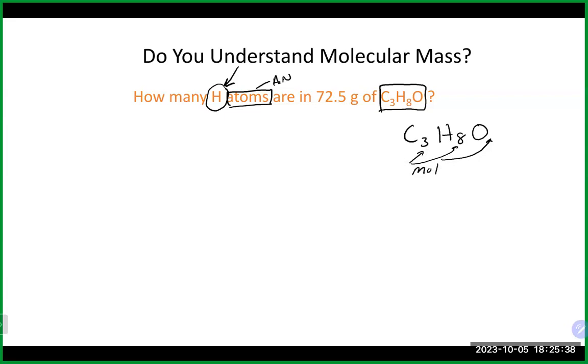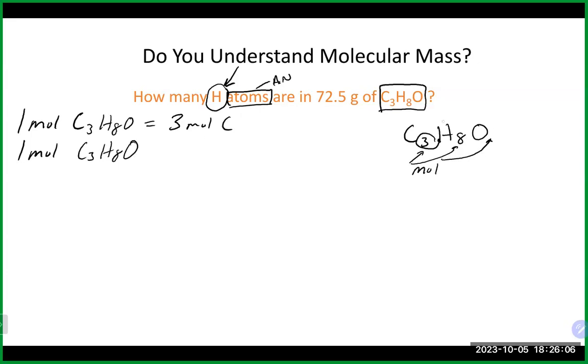That means from this formula we could write some conversion factors or equalities. We could say that for every 1 mole of the entire thing, I would get 3 moles of just carbon, and that would be the subscript on the bottom. And I could say for every 1 mole of the entire thing, I would get 8 moles of hydrogen.